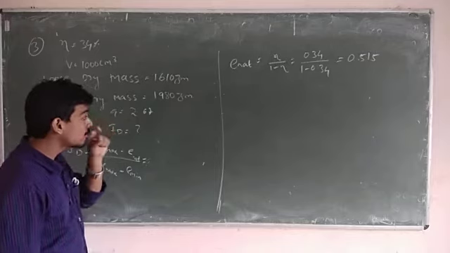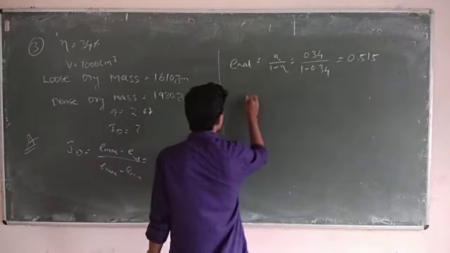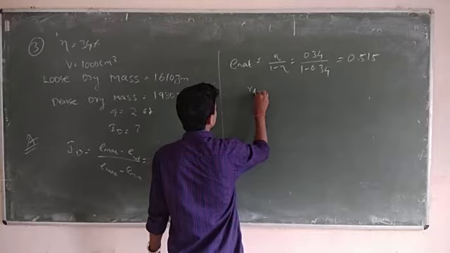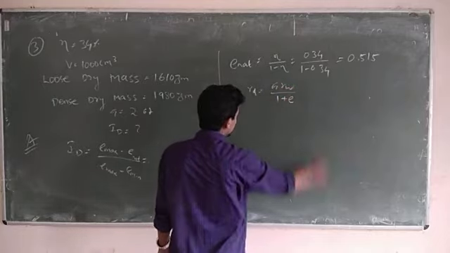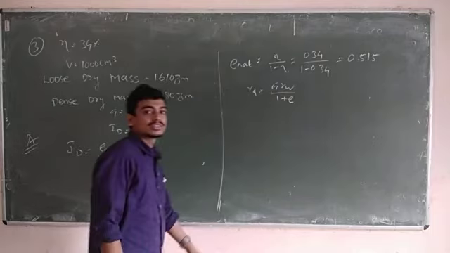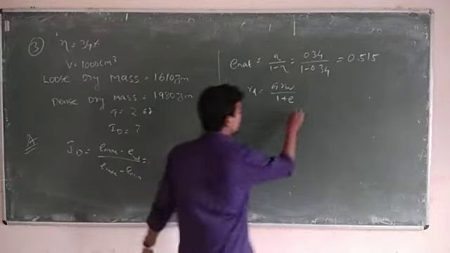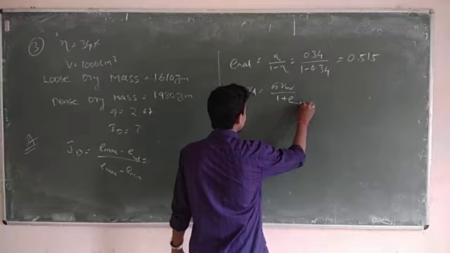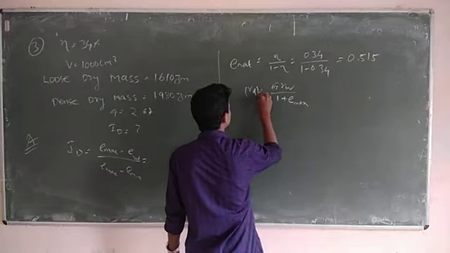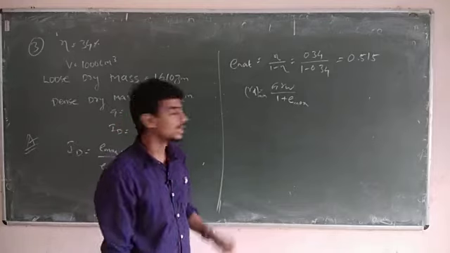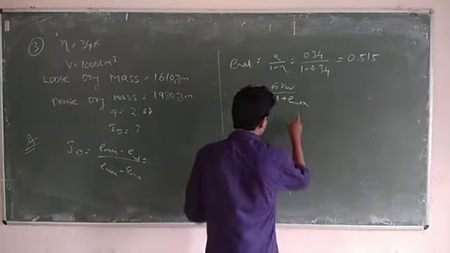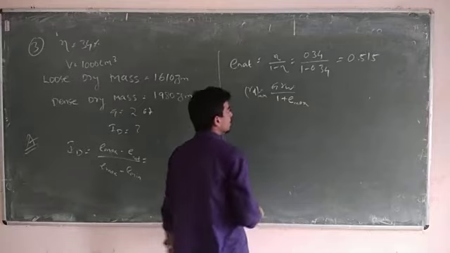The same formula I will use for finding these, that is gamma D equal to G gamma W by 1 plus E. If I write maximum void ratio, then here it will be minimum gamma D, because they are inversely proportional.